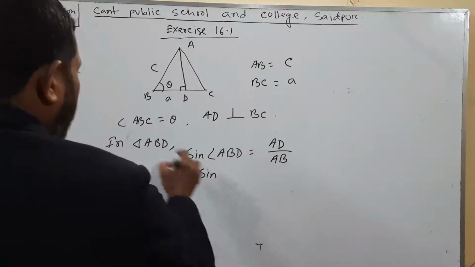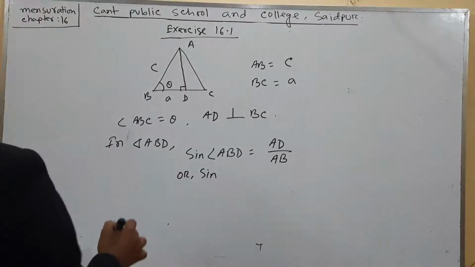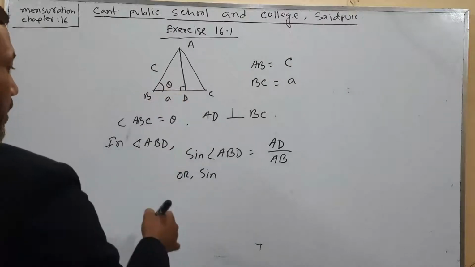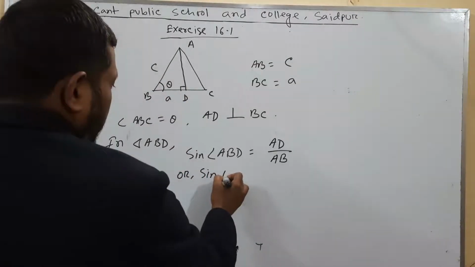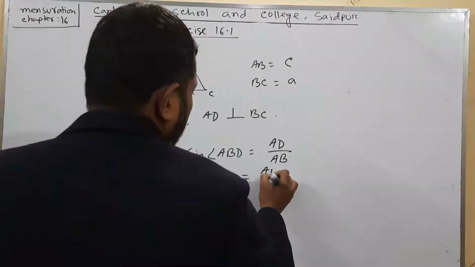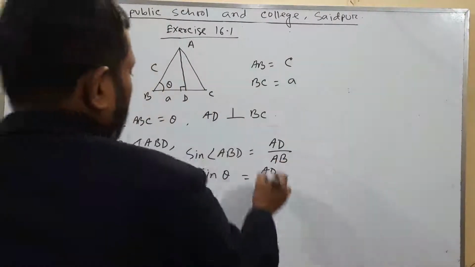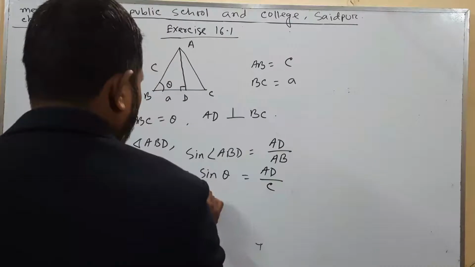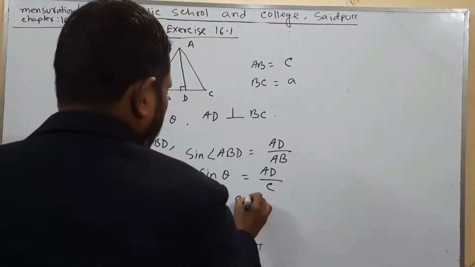Sine ABD, that is angle ABC, is theta, and AB is equal to c, so AD is c sine theta.